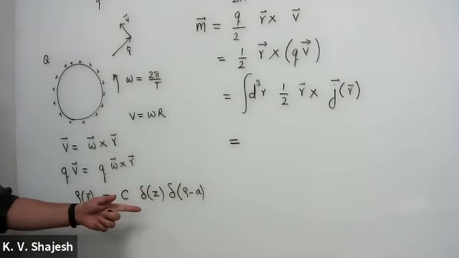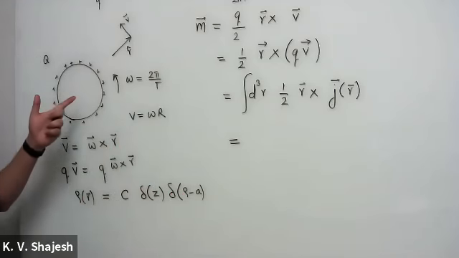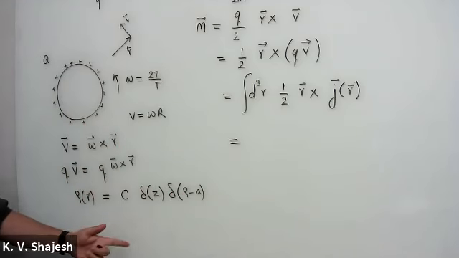So this is rho minus A. But I do know that the total charge for this is equal to Q. So that should give me an idea to calculate C. So I do the total volume integral. This is dqr of rho, which has to be equal to Q. So I evaluate this.